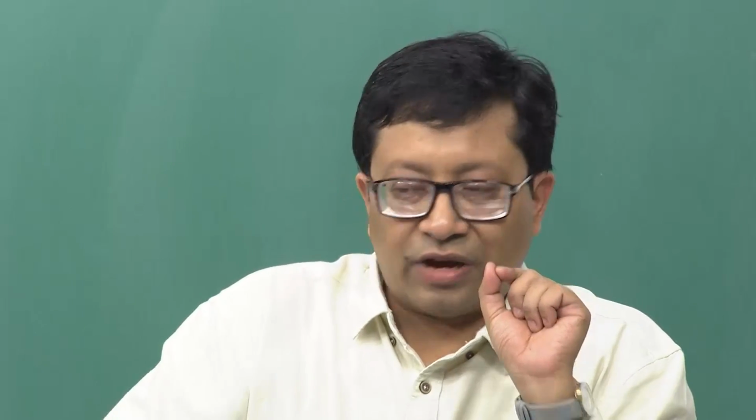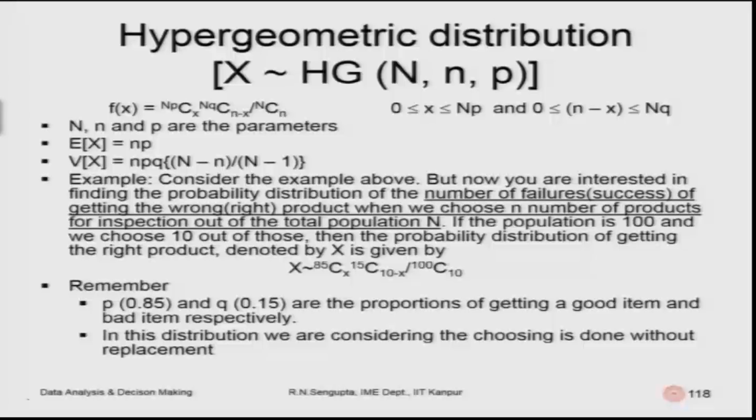Now, look at it carefully, as capital N tends to infinity. Let me point it out clearly. These are the two terms, this is n into p, and I will use another color, say green, for the second term. Now, look at it carefully.